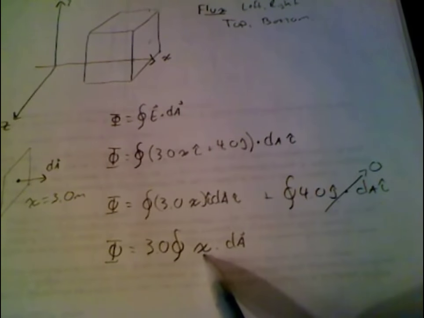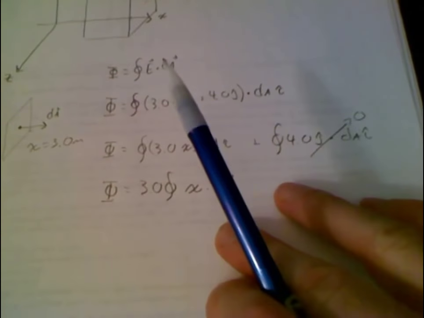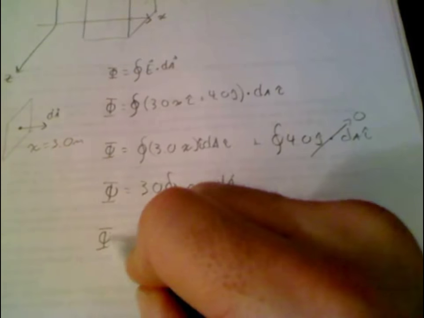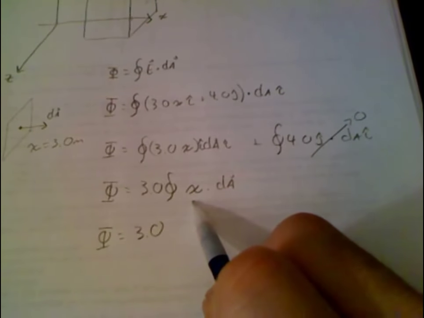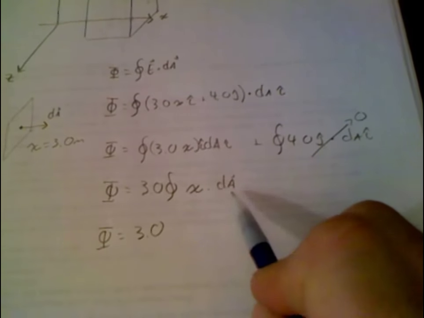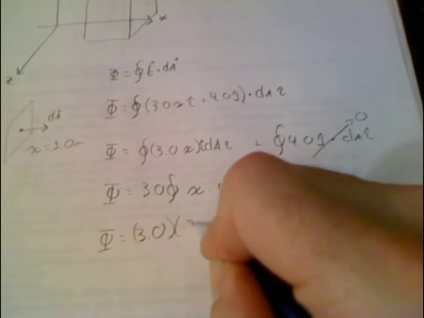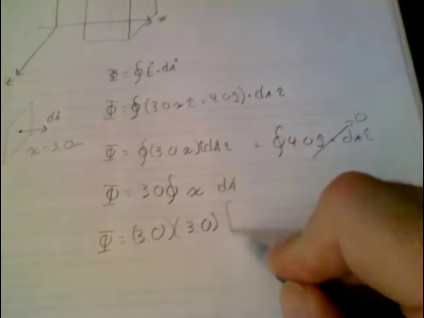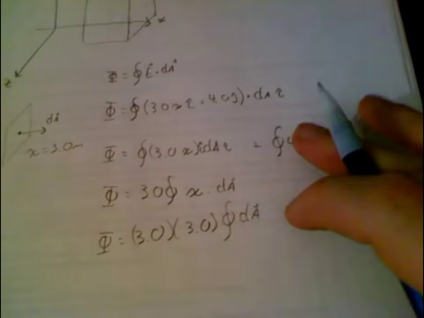Well, that x is 3, as we set up here, so I can pull that out. Now don't be confused: x is not the variable that I'm integrating over. I'm integrating over dA, so x is actually a constant at that right face, times the integral of dA.